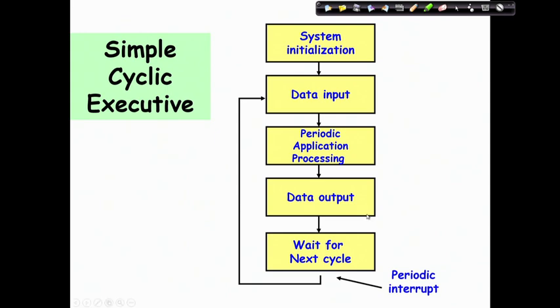So, in this situation a full fledged operating system is difficult to use. The tasks are simple here and periodic in nature, and these real time cyclic executives are basically very small programs.